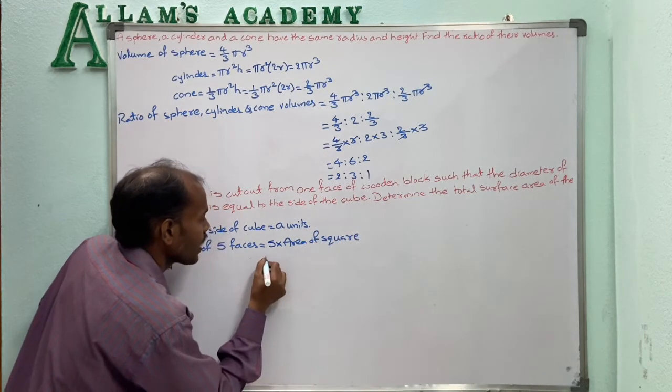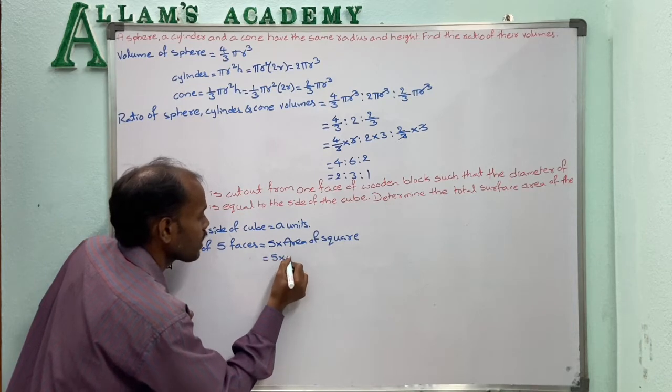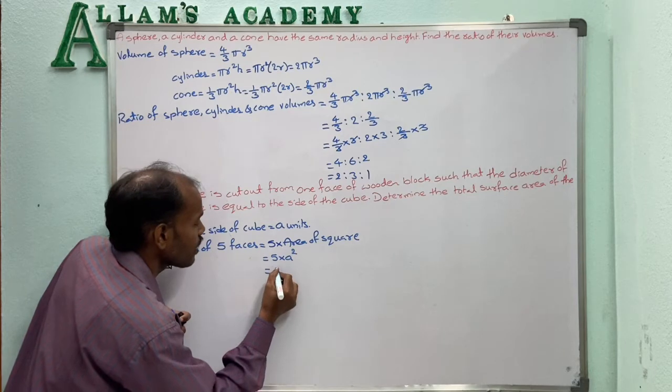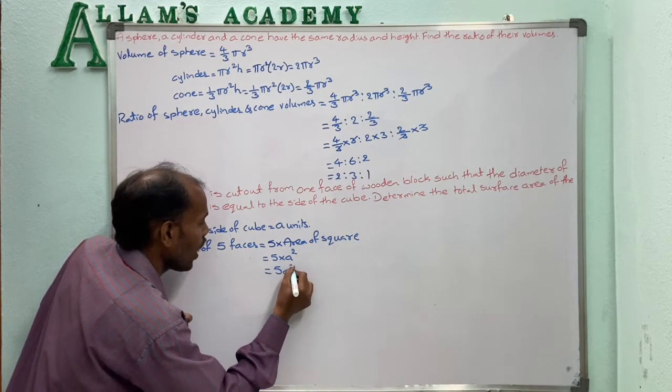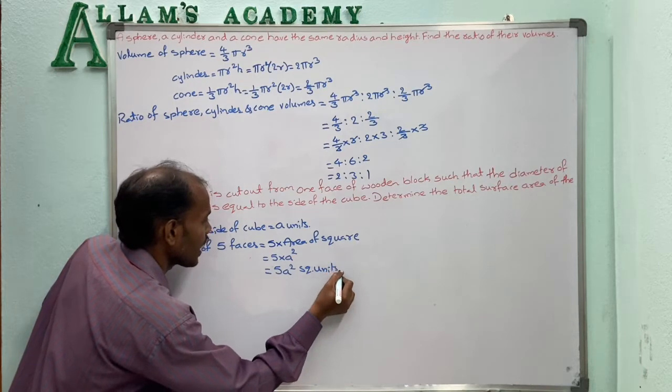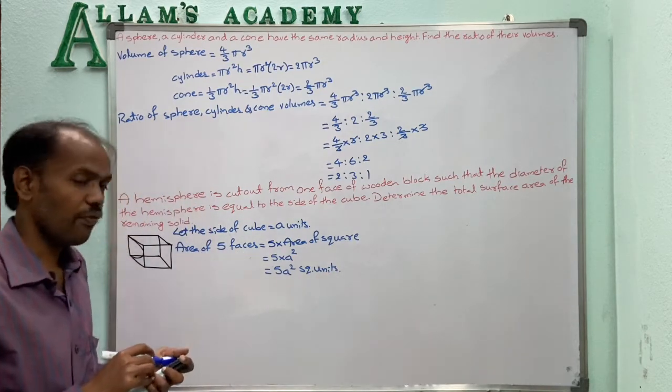Area of a square is side into side, that means a into a is a square. So it is nothing but 5a square units, the area of 5 faces.